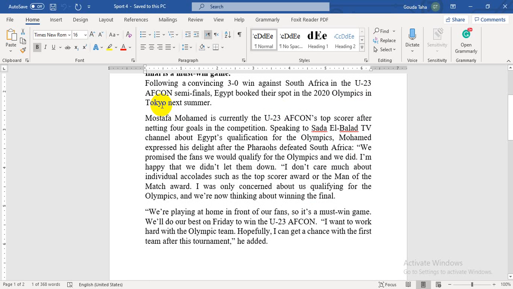Mustafa Muhammad is currently the U23 AFCON's top scorer. Scorer is again هداف, the one who scores goals. So top scorer, أفضل هداف, after netting 4 goals in the competition.